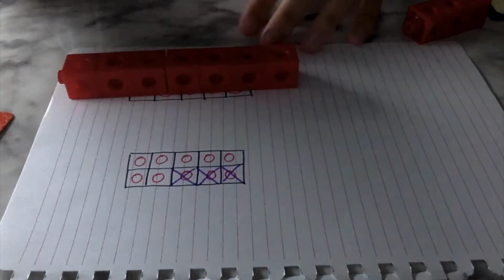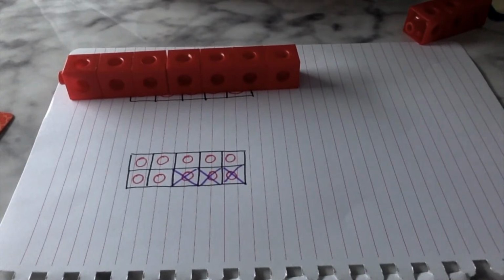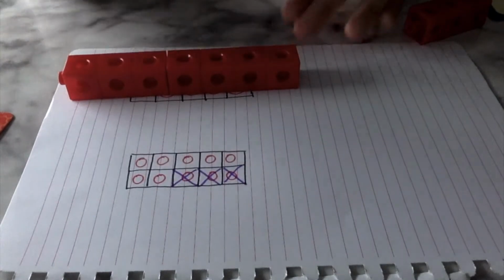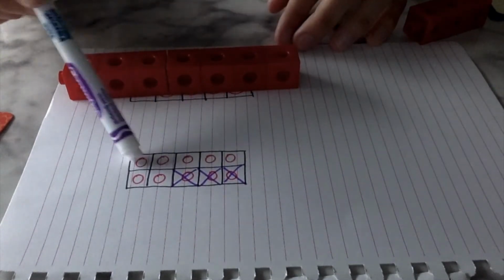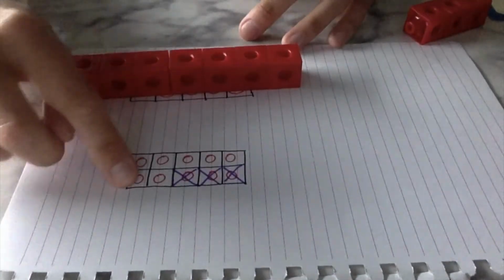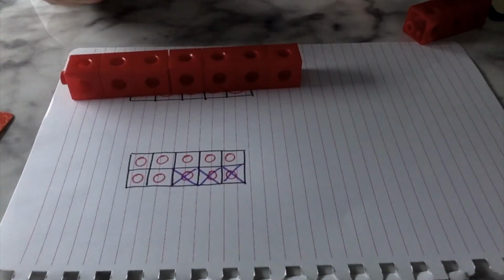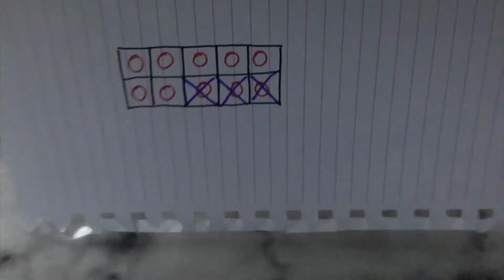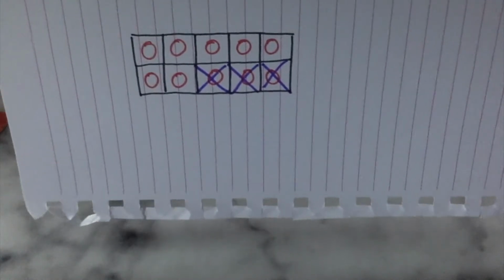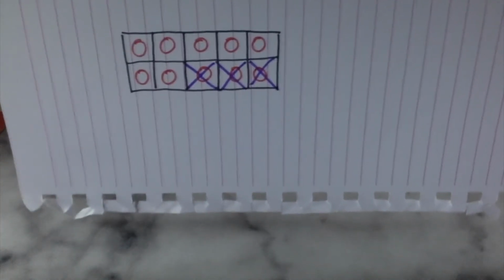So now, how many do I have left? Why don't you try to skip count? How many do we know are at the bottom? 5. So 5, 6, 7. Very good. There's 7 left. So if you take away 3 from a 10 frame, you get 7 circles left.